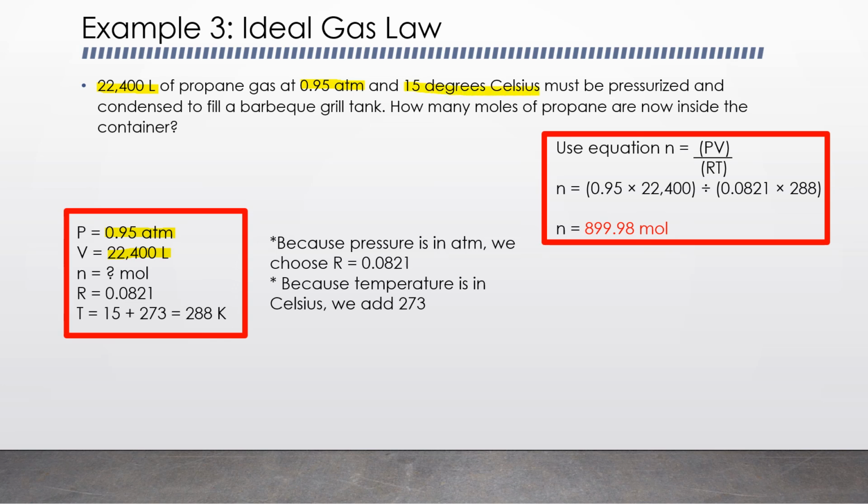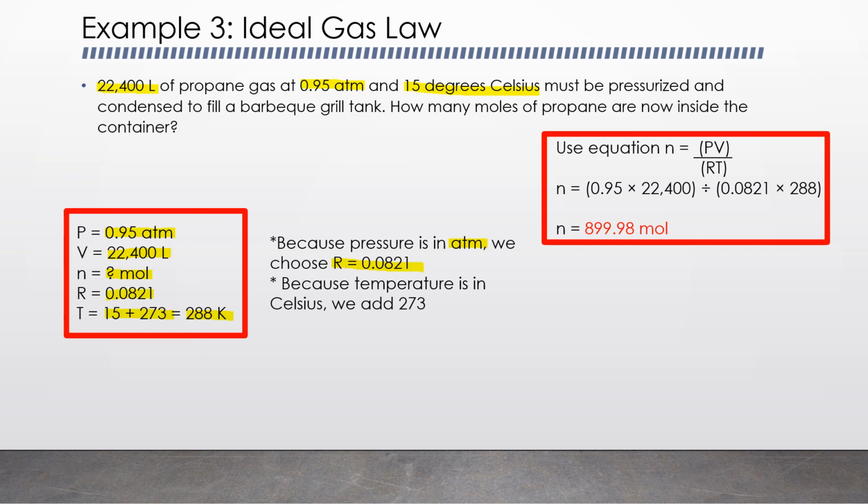Celsius needs to be converted into Kelvin, so we add 273 to that and get 288 Kelvin. So they're going to take this huge amount of gas and compress it and put it into a barbecue grill tank. How many moles are inside the container? We're looking for n, the number of moles. Because our pressure is in atm, we're going to use our R constant of 0.0821.